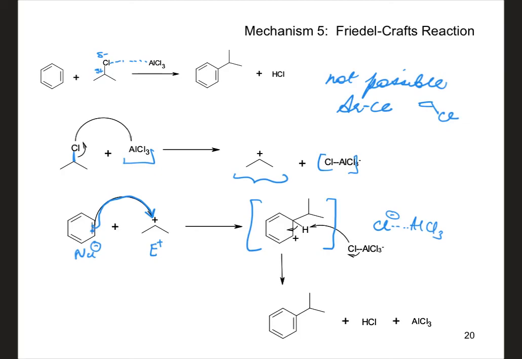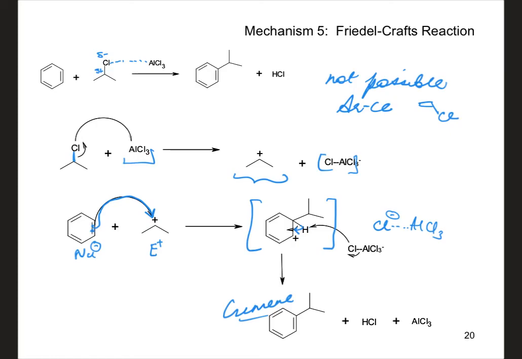That Cl negative is going to pick up the proton. Electrons are going to move on top of the benzene ring. You end up getting your cumene as your product. Okay, HCl and AlCl3 are your side products. So if we were to do this reaction in the lab, since HCl is getting generated, would you want to run this reaction in the hood or in the bench space?